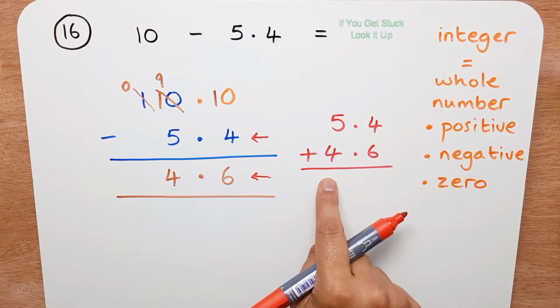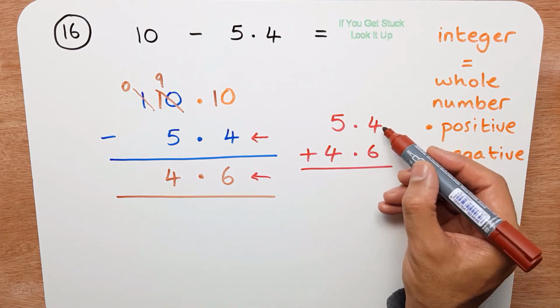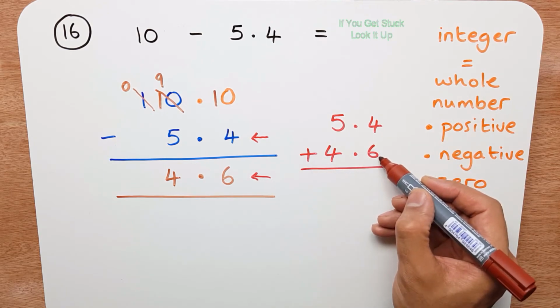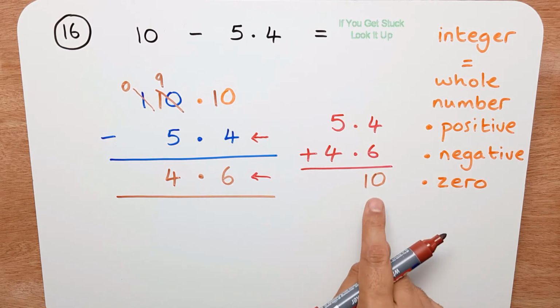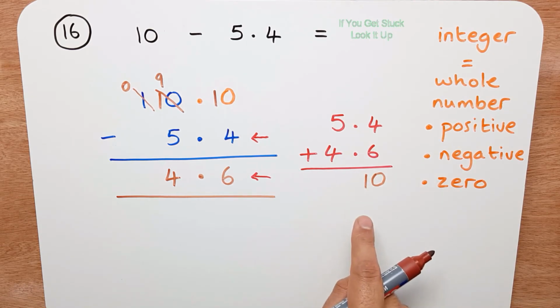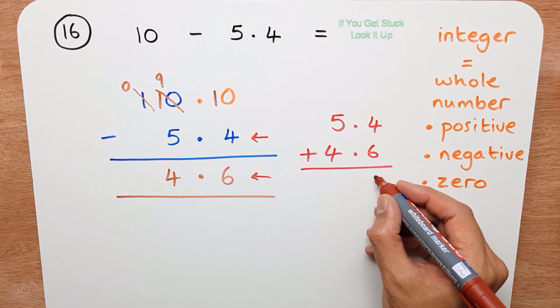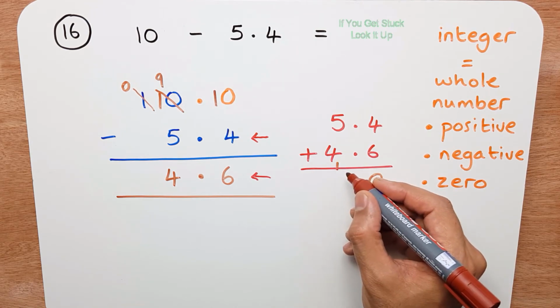And if I get 10, my answer is correct. So this is something extra that I'm doing. So let's have a look. 4 add 6 is 10. I can't put 10 like this, so that would be wrong. So I'm going to rub this out. So 4 add 6 is 10. We have to put the 0 here and carry the 1 over to the next column.